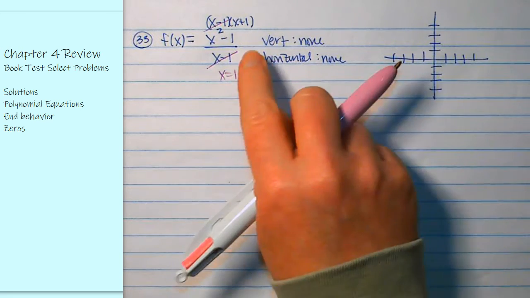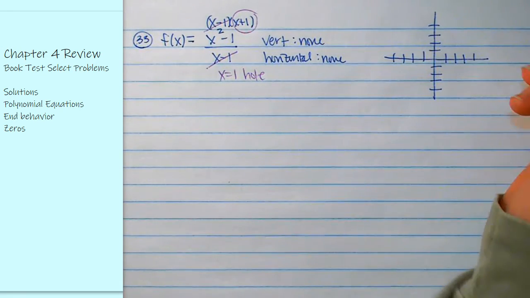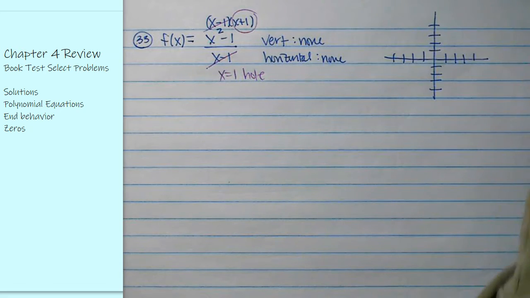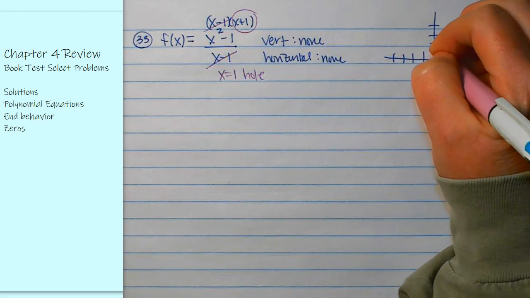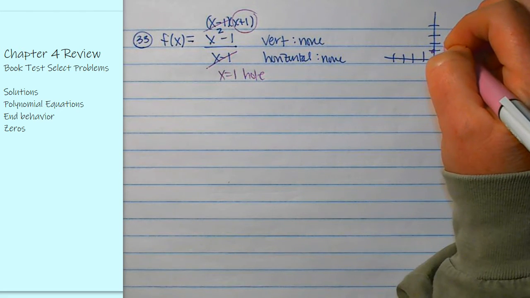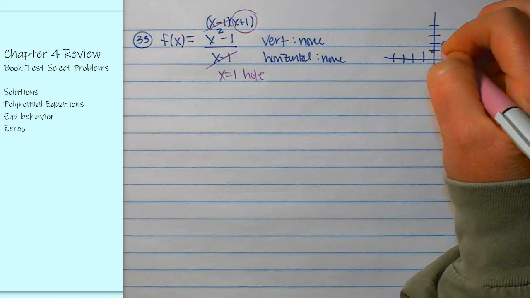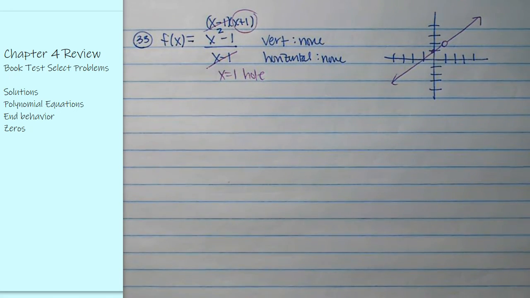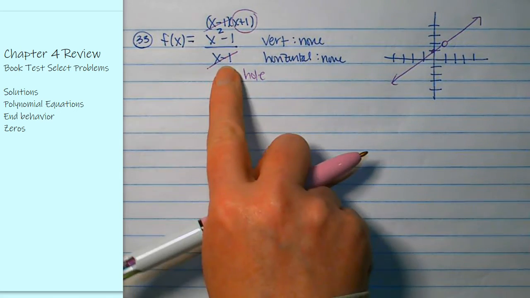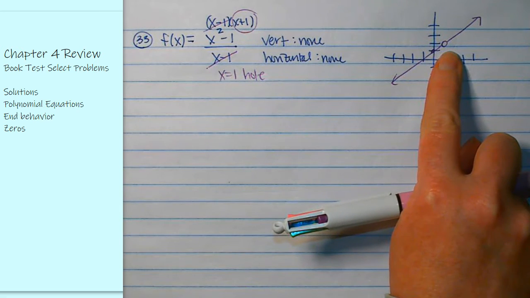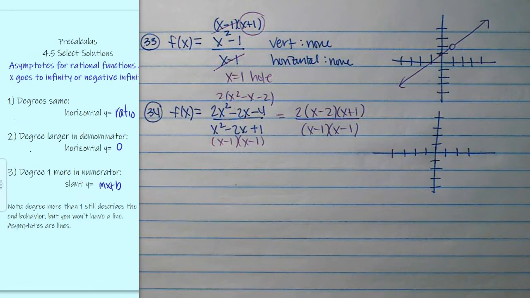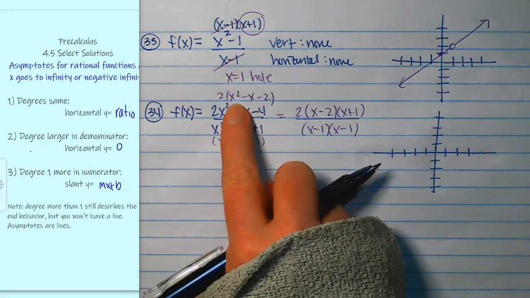So this is going to look like the graph of x plus 1, but there's going to be a hole at 1. So at x plus 1, it would be here and up 1 over 1, but this is a hole, and everywhere else the slope is 1. So it looks like a line, but this made it have a hole in it, which makes it a rational function for 33.